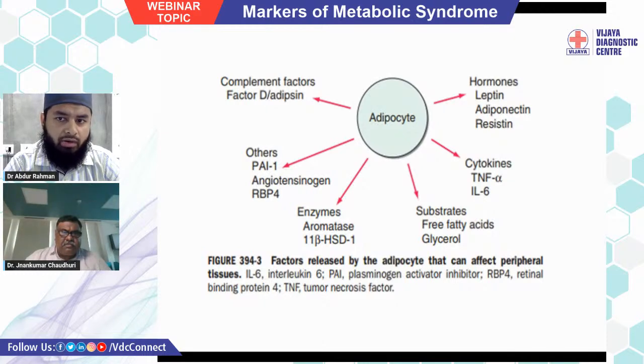These adipocytes start releasing various factors. Going clockwise: leptin and adiponectin resistin on the top, then inflammatory cytokines TNF alpha and IL-6, then free fatty acids and glycerol, then enzymes such as aromatase, then angiotensinogen, RBP4 (retinol binding protein 4), then factor D or adipsin. These are all the factors released by our adipocytes.